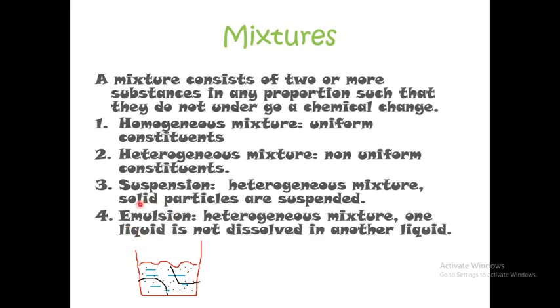Moving on to emulsion. What is emulsion? It is also a heterogeneous mixture. And in emulsion, one liquid does not get dissolved in the other liquid. We have taken 2 different liquids. Suppose in this beaker you have filled it with water, completely filled with water.